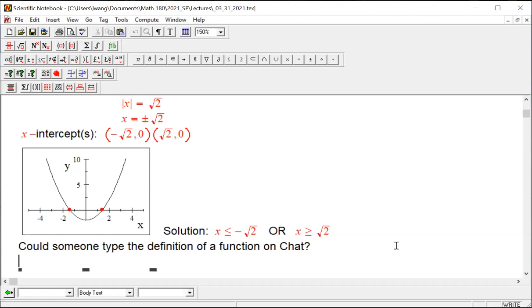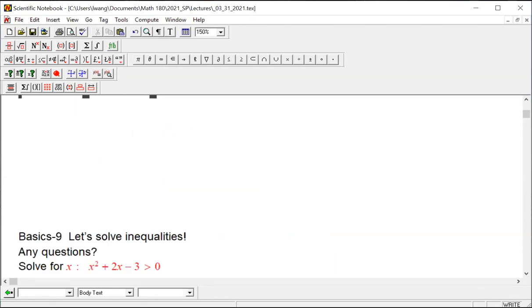A function is a rule that assigns to each element x in the set A exactly one element called f of x in the set B. What do you think? Okay, so I'm going to copy his, that way I don't have to write it down.